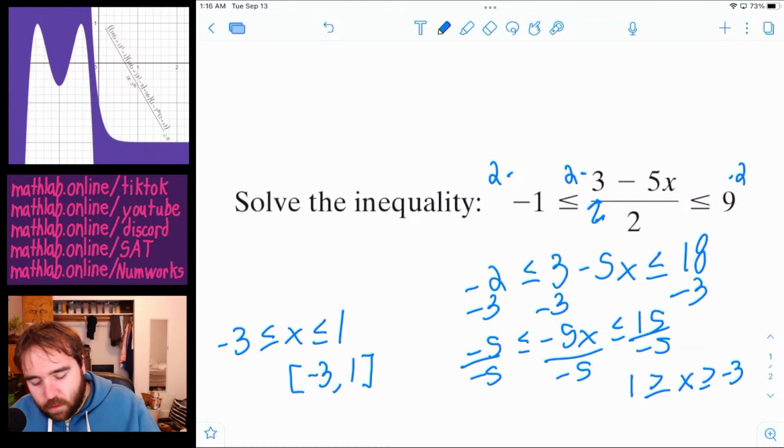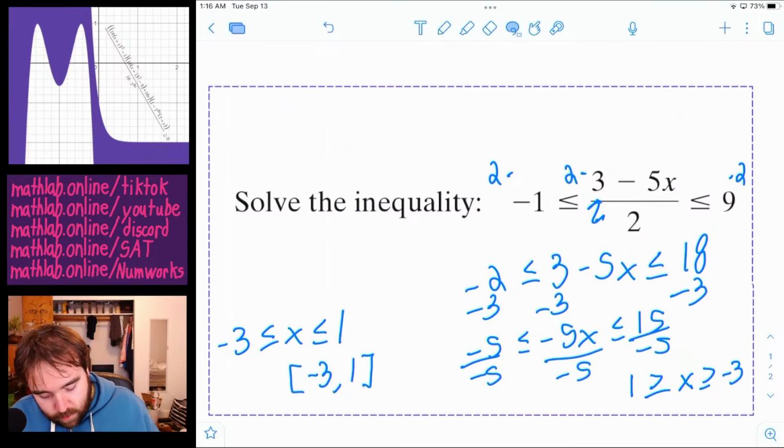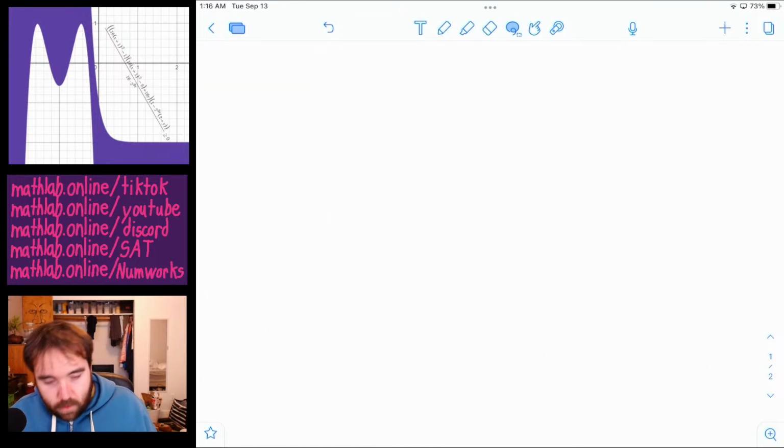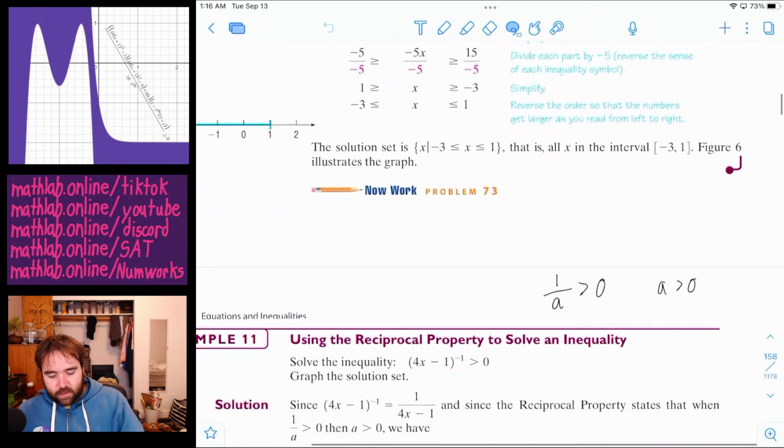Okay. 2 more. That's going to be... These are so quick. I don't know why I find it so difficult to sit down and make these.